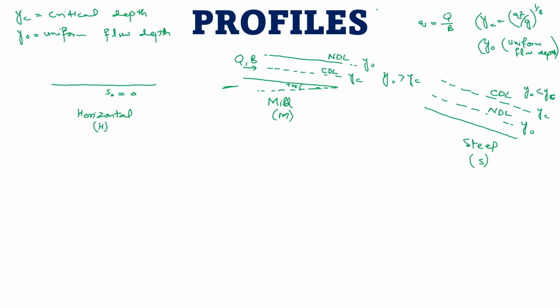And when we say the flow is gradually varied, we simply define it as steady non-uniform flow. At a single section, the variation in the flow parameters will be negligible, but with the horizontal distance, along the length of a channel, there will be a variation in velocity and depth of the channel.